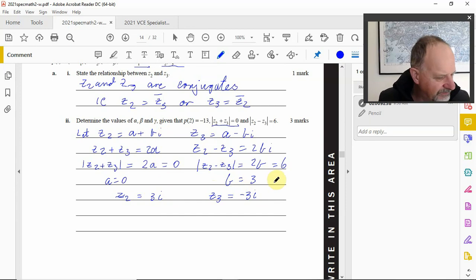All right. So the other thing that we know is that Z1 is an element of the real numbers. So what that means then is Z1 would be x plus 0i, which is x, where x is an element of real numbers.